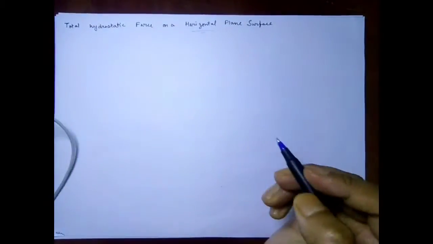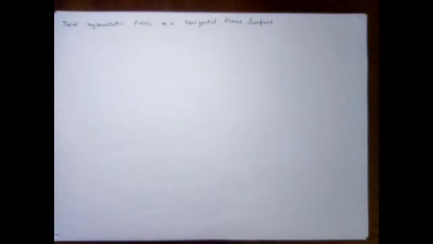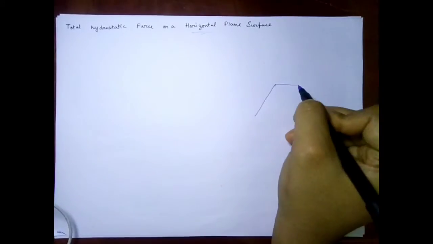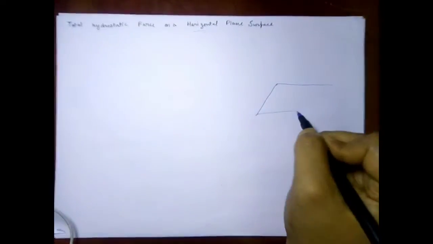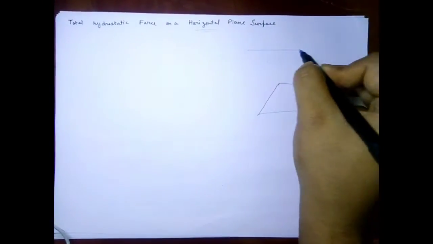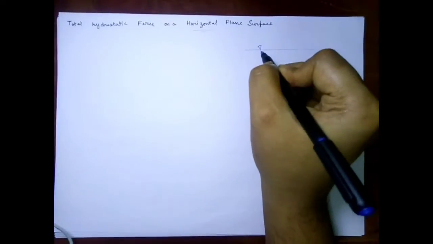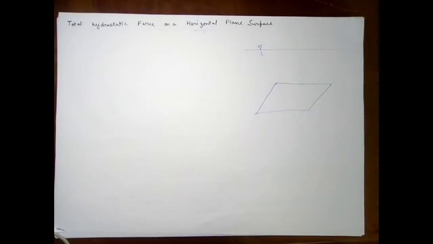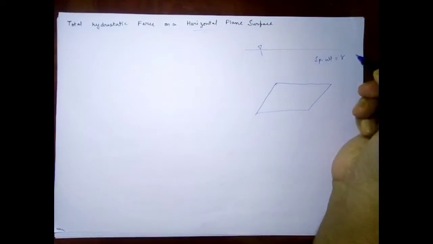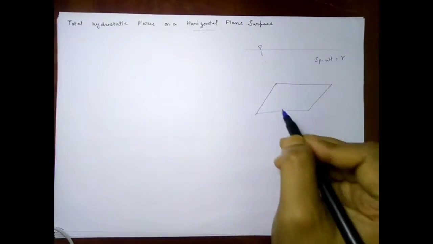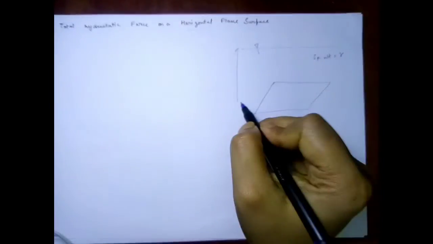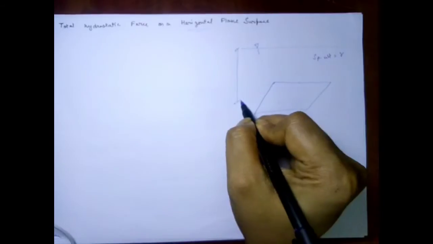For this, let us consider that there is a plane surface, immersed in water or any fluid, suppose, and this fluid has a specific weight equal to gamma, and this plane surface is held at a depth, suppose, h.